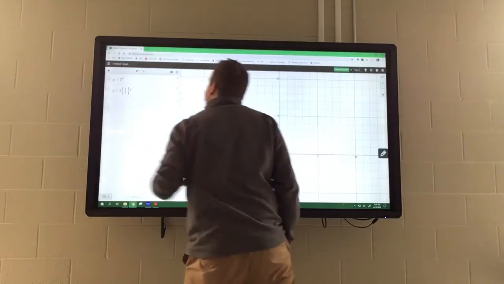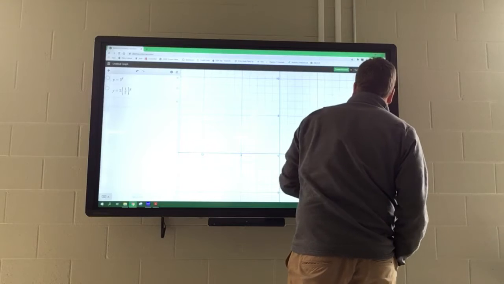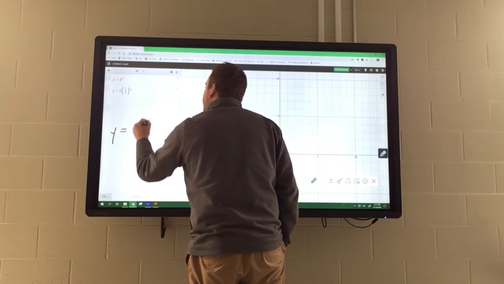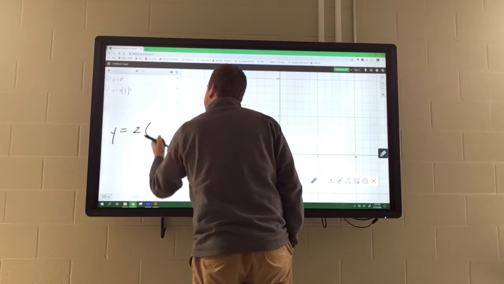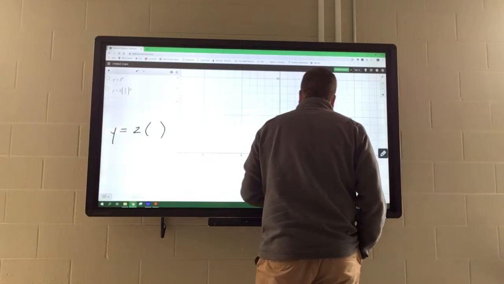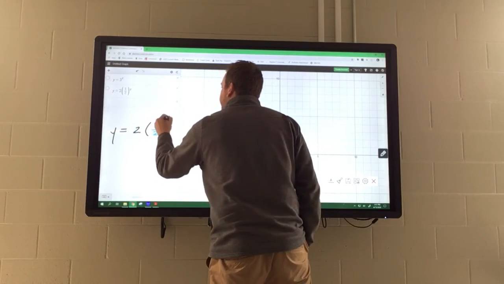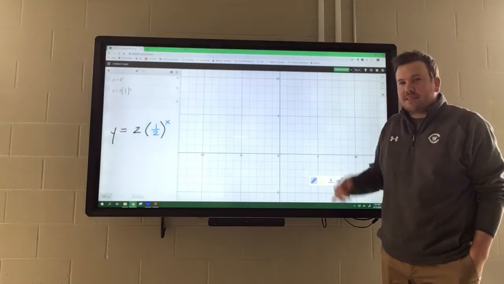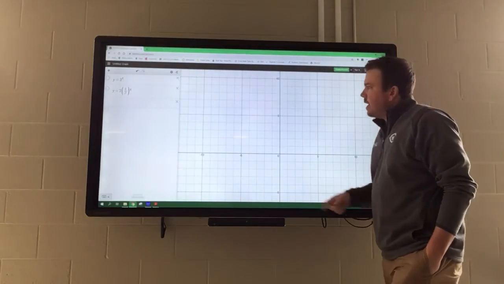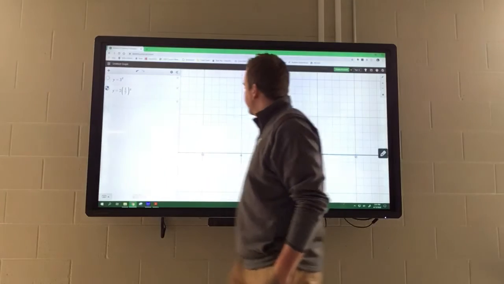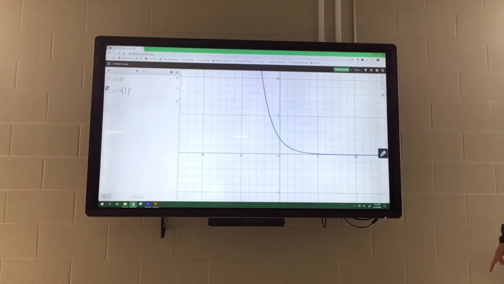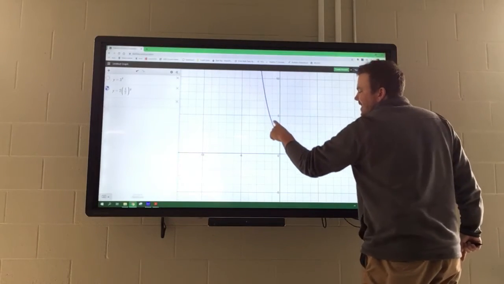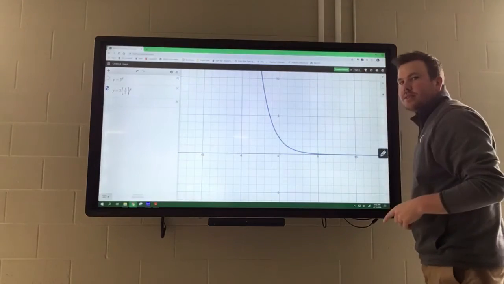What if our b value is less than 1? For the second function, we have y is equal to 2 times 1/2 raised to the power of x. As you can see, the number being raised to the power of x, in this case, is less than 1. So let's see what the graph looks like. It looks like this. Now this is showing exponential decay. So we're getting smaller and smaller.